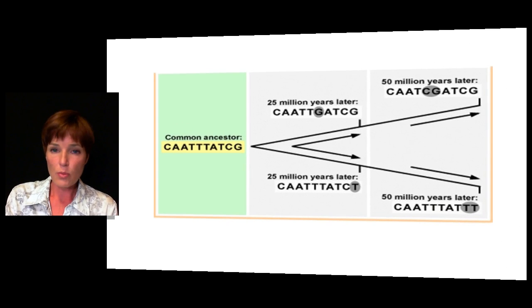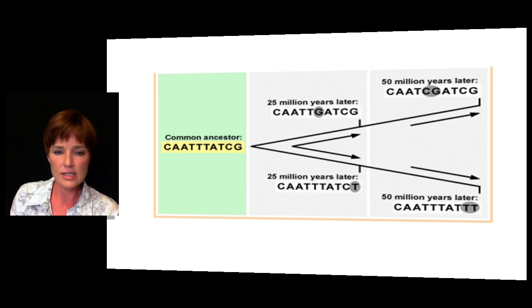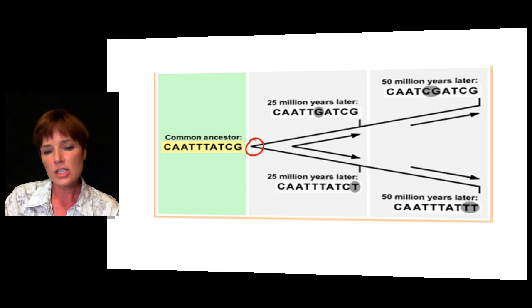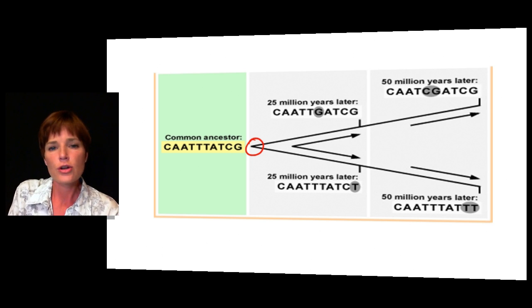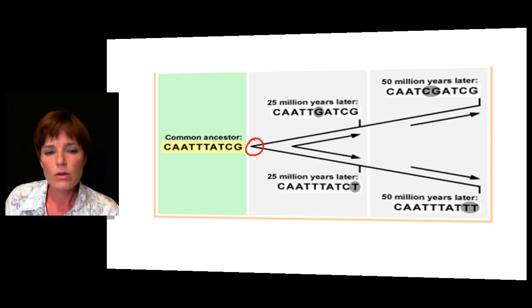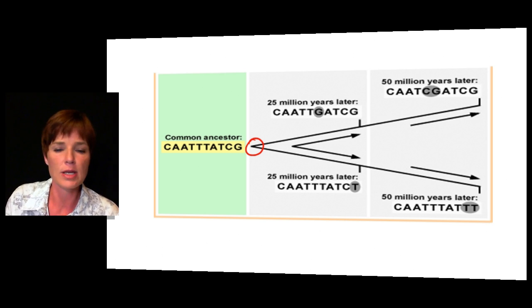Here's what we're talking about with this molecular clock. We can see here we've got a common ancestor. We can look at the changes that have taken place, and even though these two sequences that we're looking at here in this middle box, they have a different change, notice they have one change. For this gene, we get one change every 25 million years approximately.